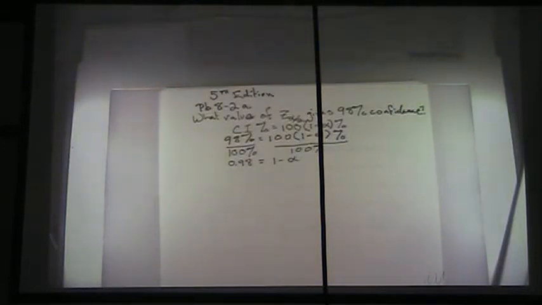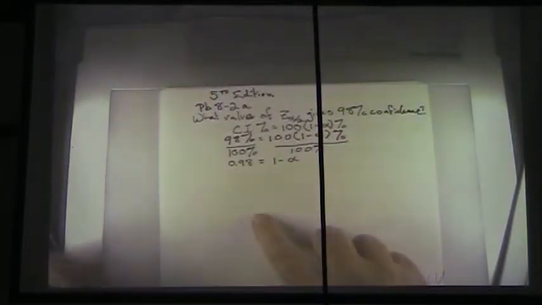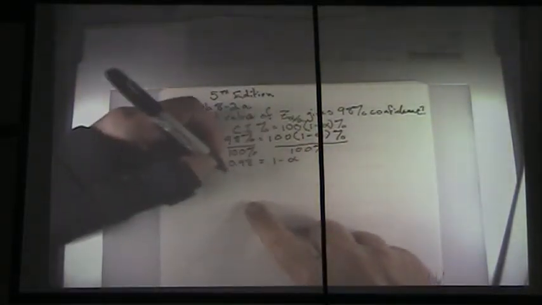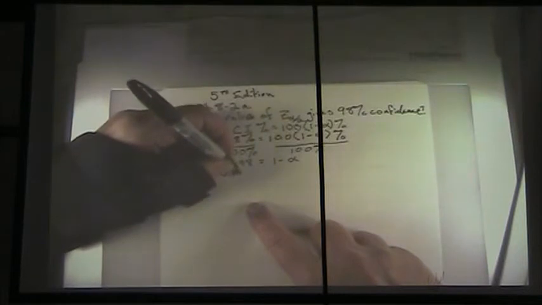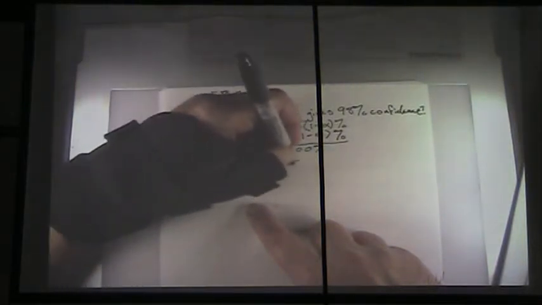Now, I am going to go ahead and subtract 1 from both sides. So 0.98 minus 1 equals 1 minus alpha minus 1.